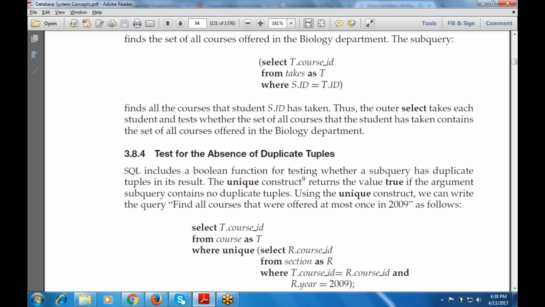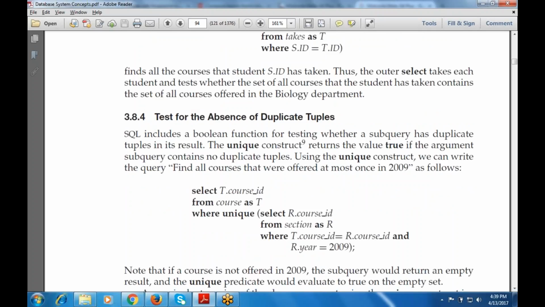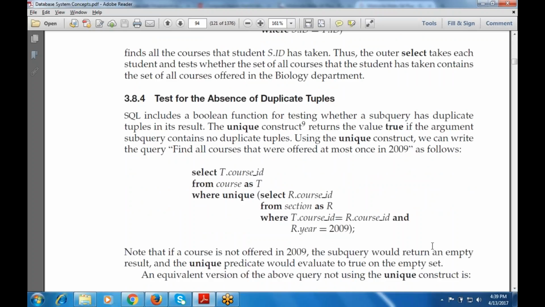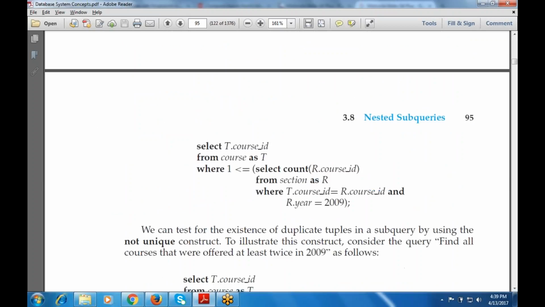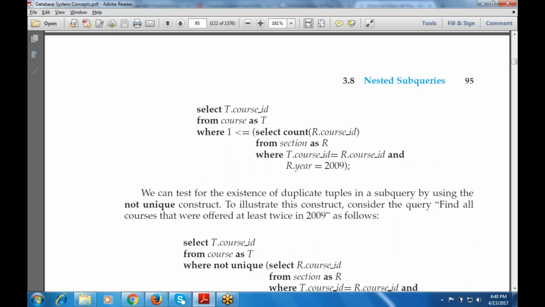The next is test for the absence of duplicate tuples. So select T.course ID from course as T where unique (select R.course ID from section as R where T.course ID equals R.course ID and R.year equals 2009). Next is a comparison: select T.course ID from course as T where 1 is less than (select count of R.course ID from section as R where T.course ID equals R.course ID).